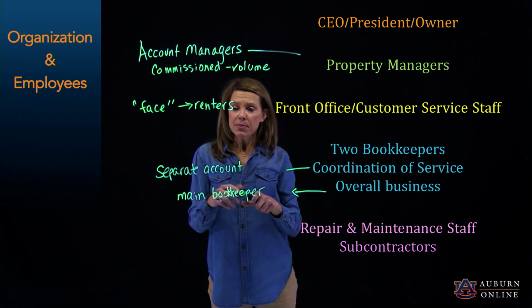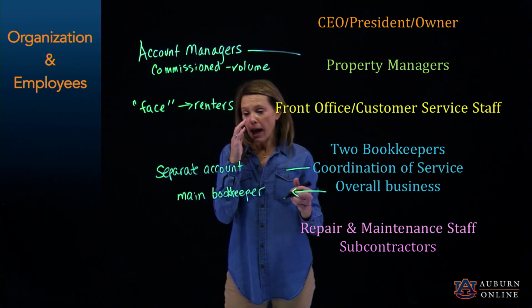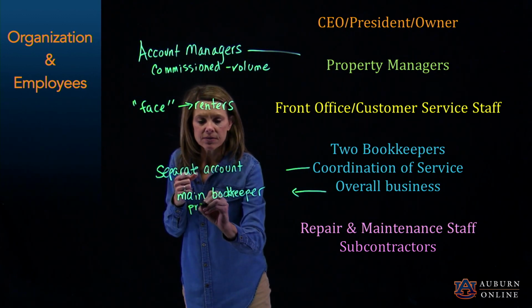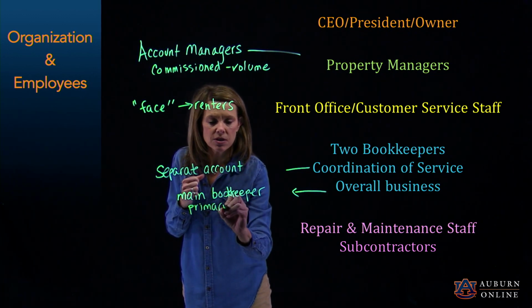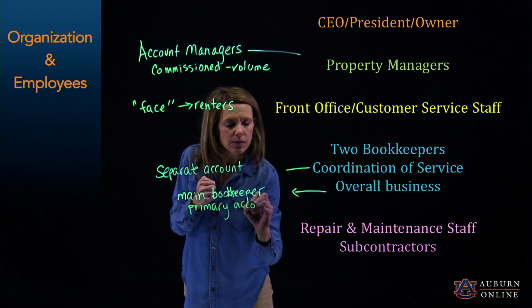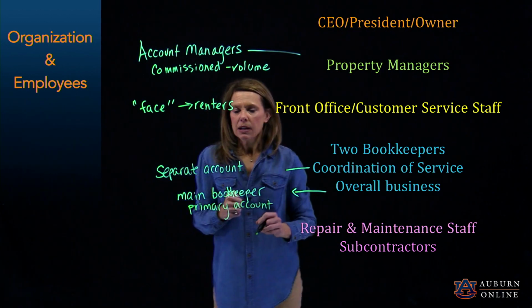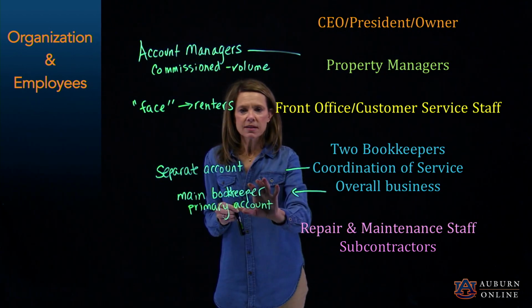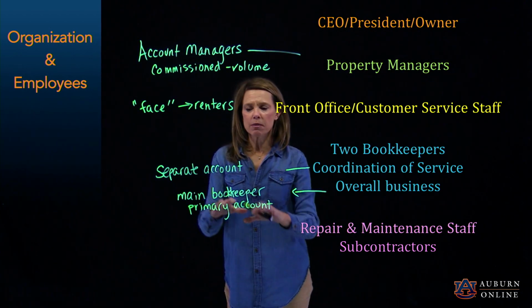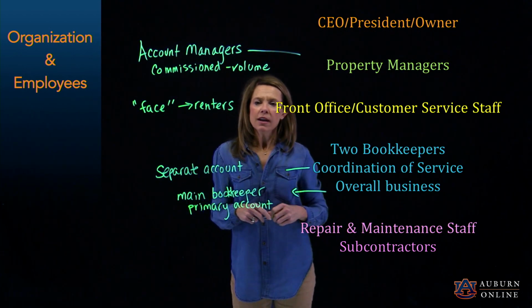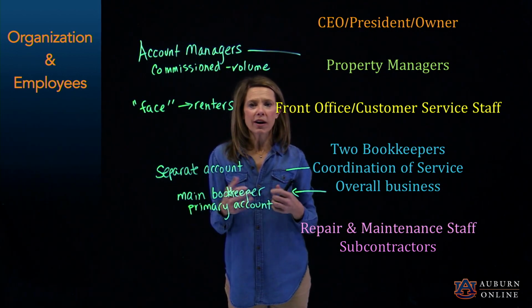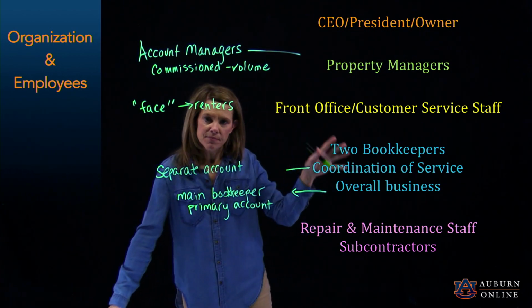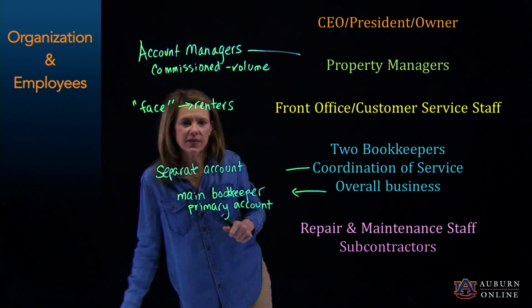And the main bookkeeper has a primary account, the primary business account that's used, okay? So the coordination of service bookkeeper does not report to this main bookkeeper, but definitely the main bookkeeper would be the one in a position to know more about the company, all parts of the company.